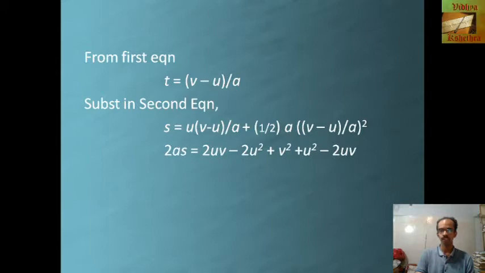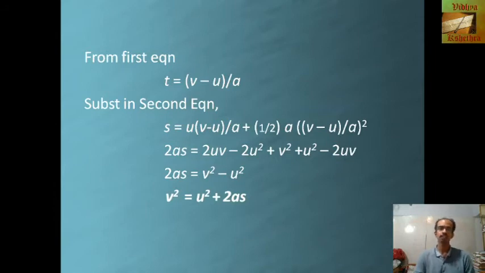Rearranging this, we get 2as is equal to 2uv minus 2u square plus v square plus u square minus 2uv. The 2uv terms cancel, leaving 2as equal to v square minus u square. That is v square minus u square is equal to 2as. Rearranging this further, we get the third equation of motion, that is v square is equal to u square plus 2as.